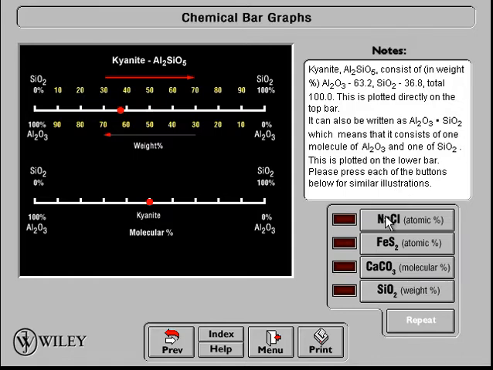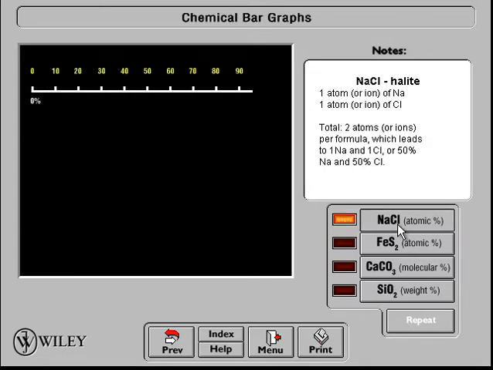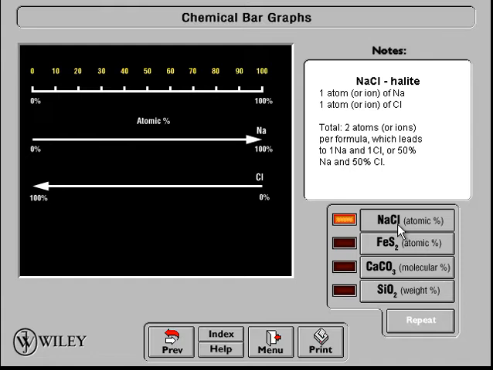Now we have here some other minerals. We have here sodium chloride, iron sulfide, calcium carbonate, and SiO2. Here we have now sodium chloride in atomic percent.